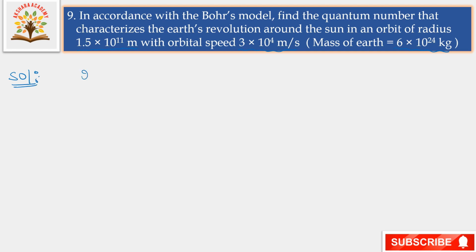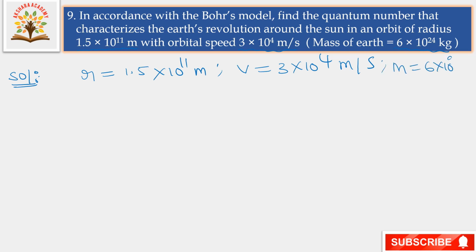Given r is equal to 1.5 into 10 to the power of 11 meters, speed they given as 3 into 10 to the power of 4 meters per second, and mass they given as 6 into 10 to the power of 24 kilogram. So L is equal to nh by 2 pi.